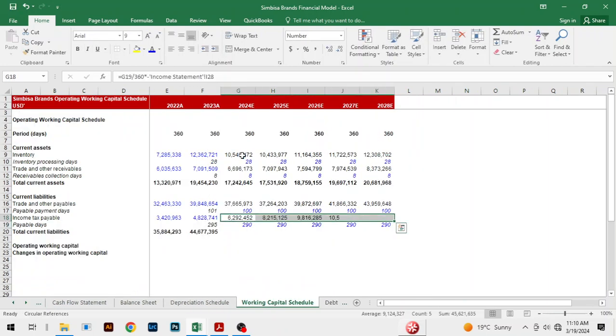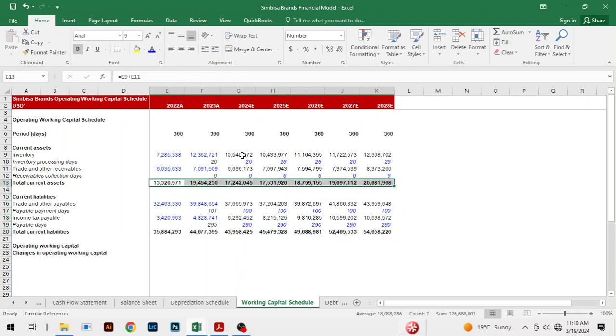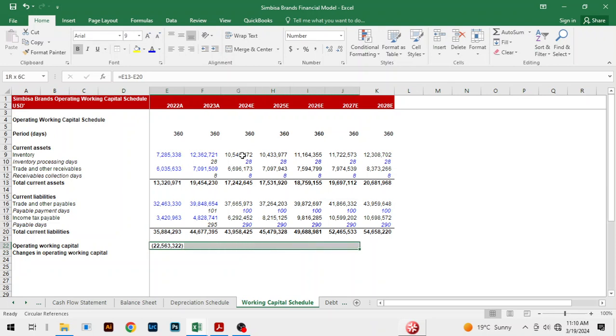Okay, and then we copy that to the right. The same here. Right, so here we can add a top border, and then here we can add a top border as well. So here we are saying current assets minus current liabilities, and then we copy that to the right.